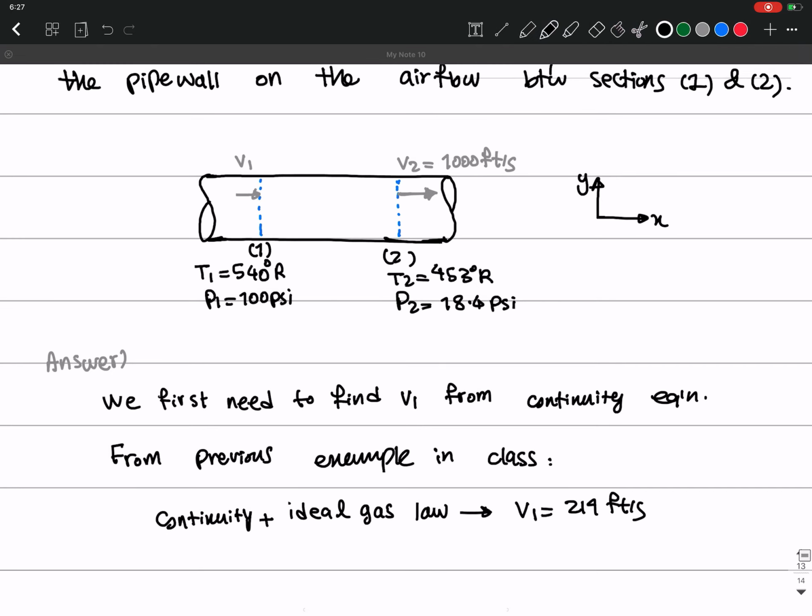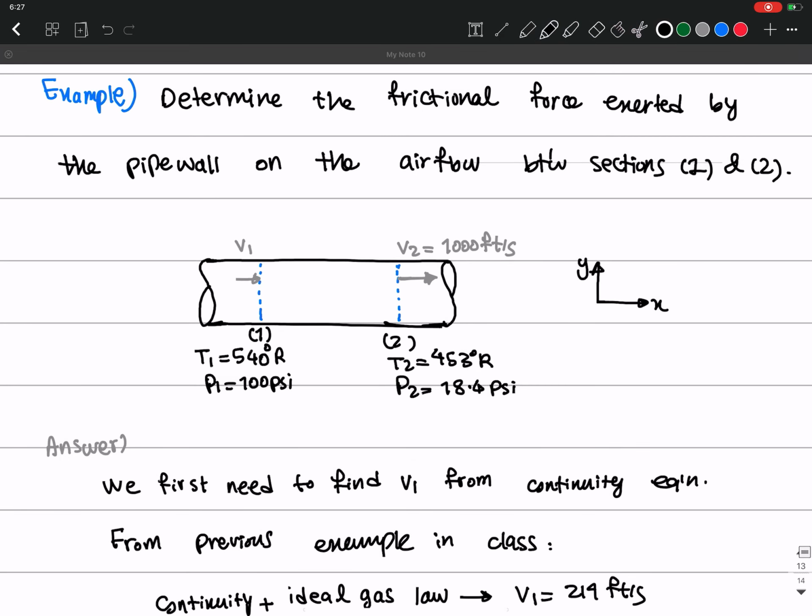And now for the second part, we want to find the frictional force exerted by the pipe wall on this airflow between sections 1 and 2. So the next thing I need to do is draw a control volume between these two sections, right? I want a control volume that contains both section 1 and 2. So this is going to be my control volume.